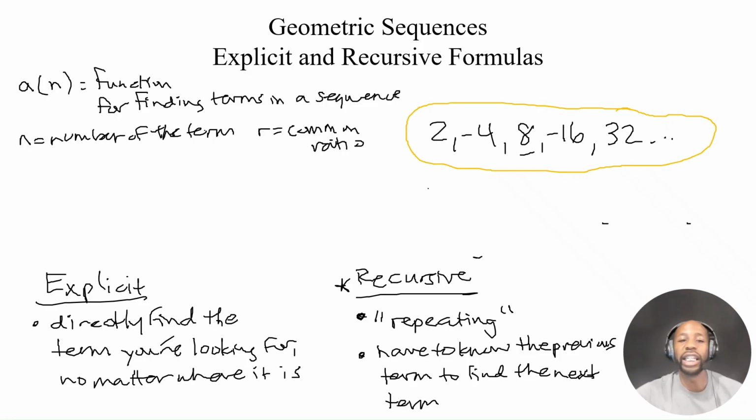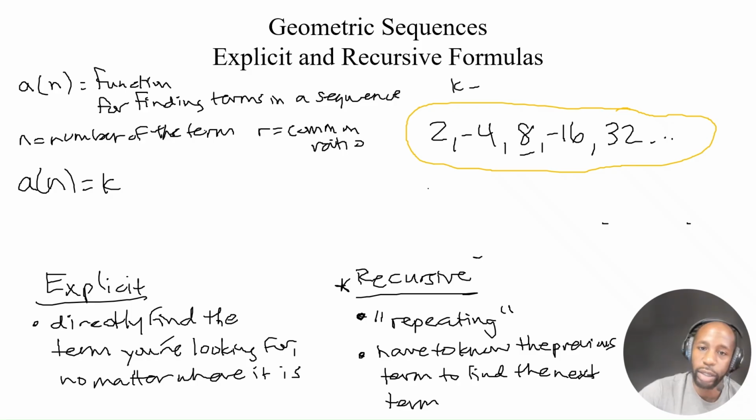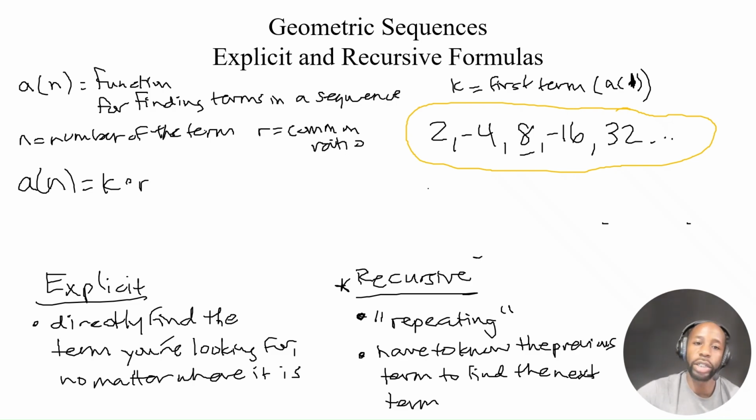The explicit formula is as follows: a of n equals k, the first term, which like we said is a of 1, times r to the n minus 1. What does that mean? This is explicit.